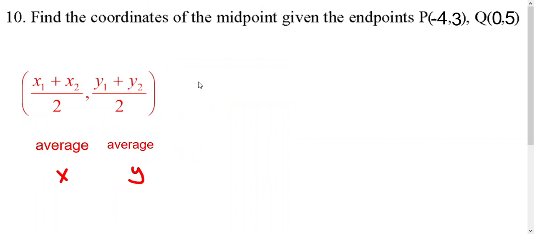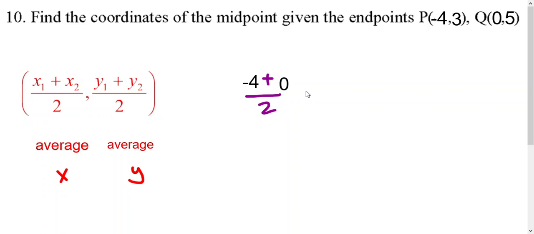So let's go ahead and take our numbers and plug them in. At our first point, we have x1 and y1, and then x2 and y2. If we're looking to add the two x's together, we would start with the x from the first term and the x from the second term, and we would put a plus sign between them.